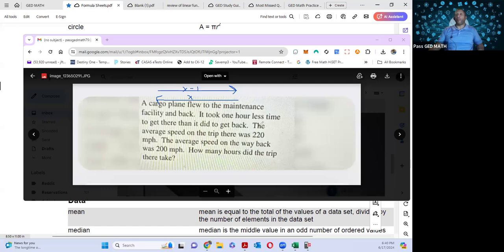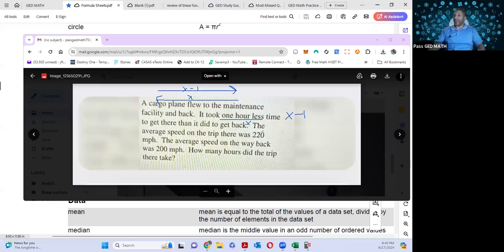Understand that? You don't know how long it takes. So that's what a variable is. It's an unknown. So it took 1 hour less, that's X minus 1, than it did to get back. That's X. Understand that?